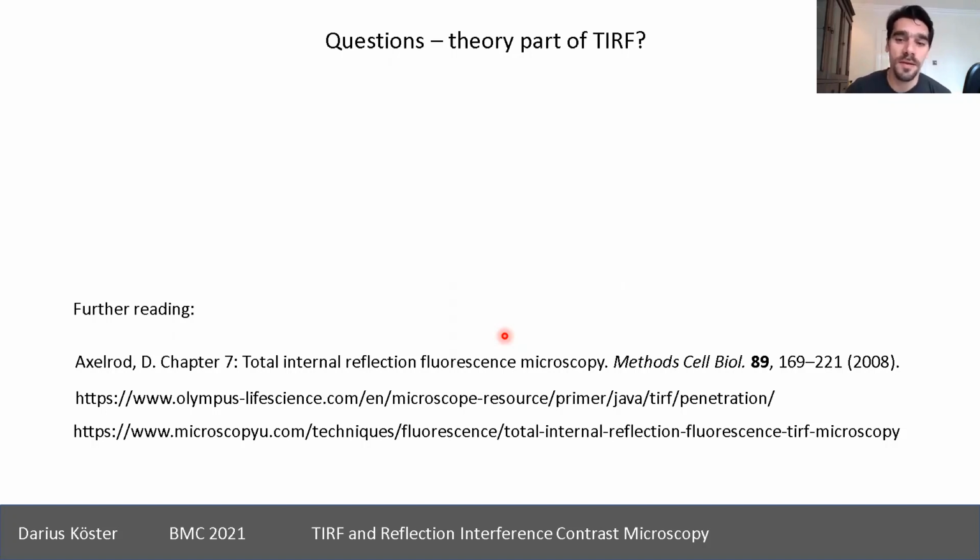And one of the pioneers who wrote and studied a lot about these microscopy technologies is Axelrod. This is one chapter that is quite good to read to get an idea about how TIRF works and what it can be used for.